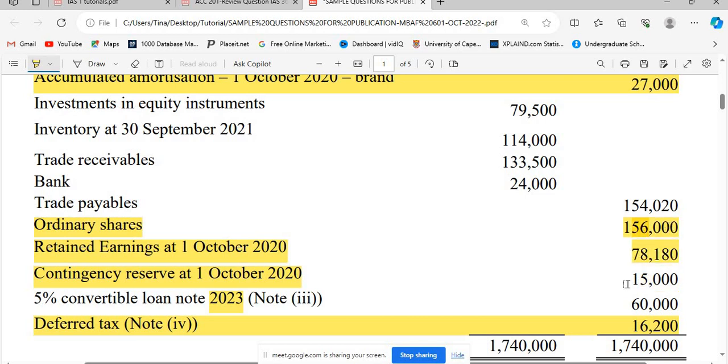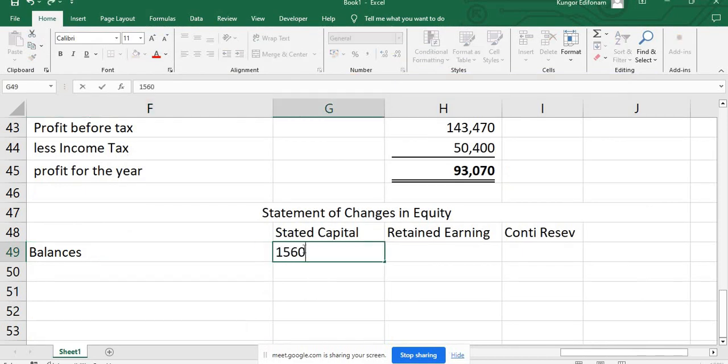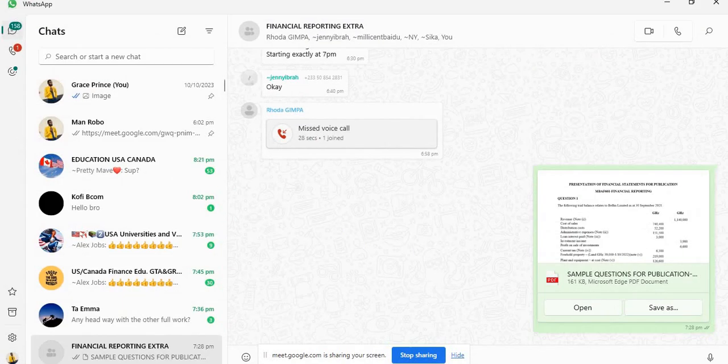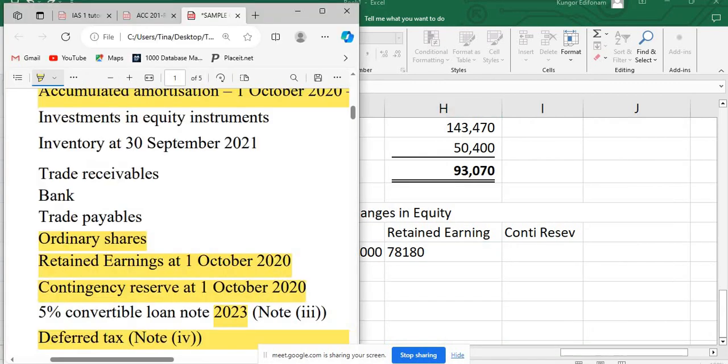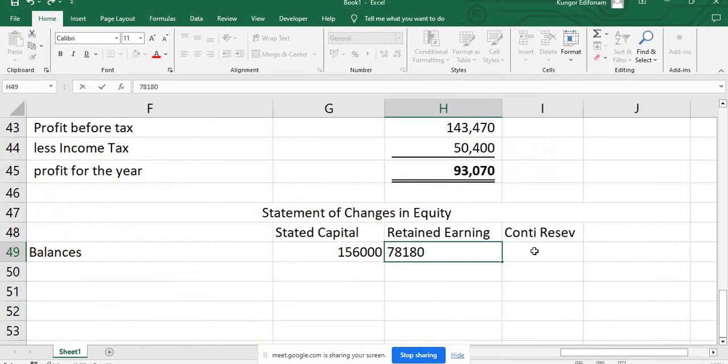As simple as that. Okay. So the first one will be 156,000. The next one will be 78,180. Then the next one will be 15,000.